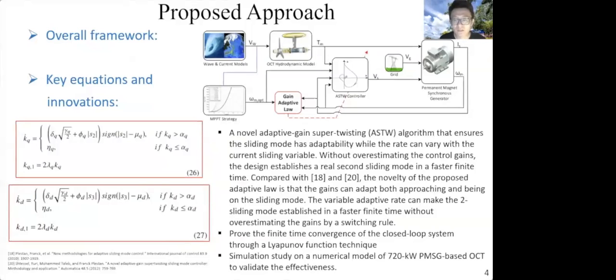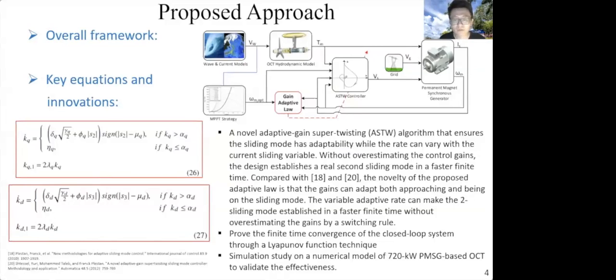Compared with these two references, the novelty of the proposed adaptive law is that the gains can adapt both while approaching and while on the sliding mode. The variable adaptive rate can make the second-order sliding mode established in a faster finite time without overestimating the gains by a switching rule.